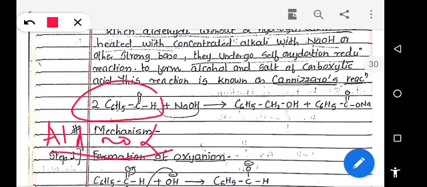The reaction condition is a strong base, NaOH. And third, one product is alcoholic and another is acidic. This means one aldehyde group is converted into the alcoholic group and another is converted into the acidic group.